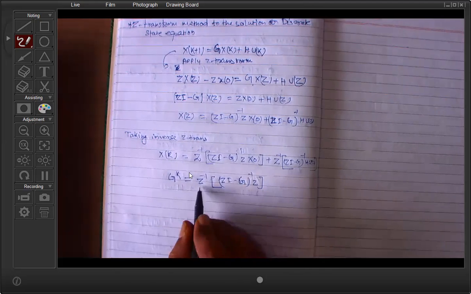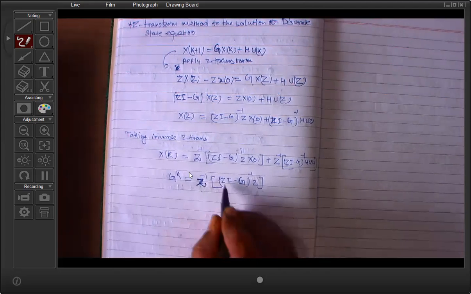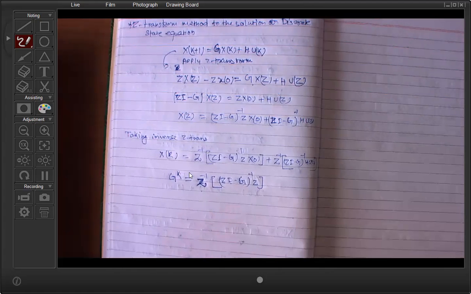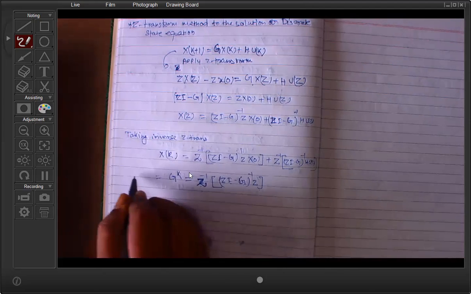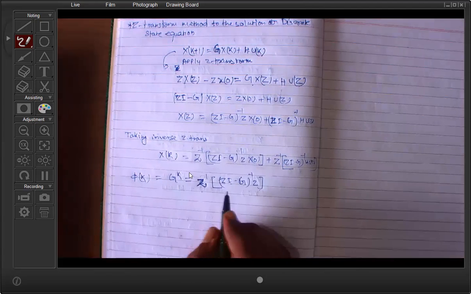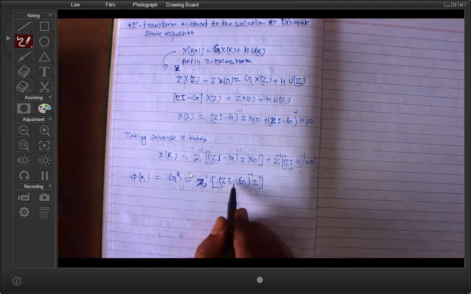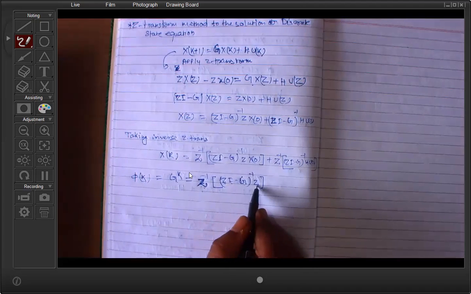So you can say that the state transition matrix of the discrete state equation becomes G to the power k, or the inverse Z transform of (zI minus G) inverse z.